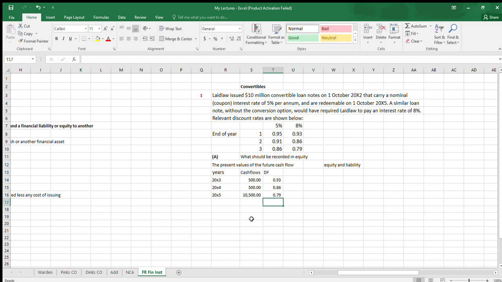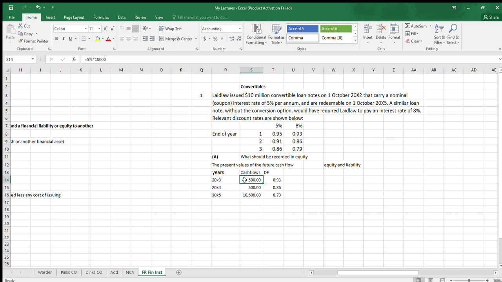So we are actually using the 8% discount rate. Why are we using the 8% discount rate? Because the interest rate of 5% was used as our loan fee, to get our interest of this 500.